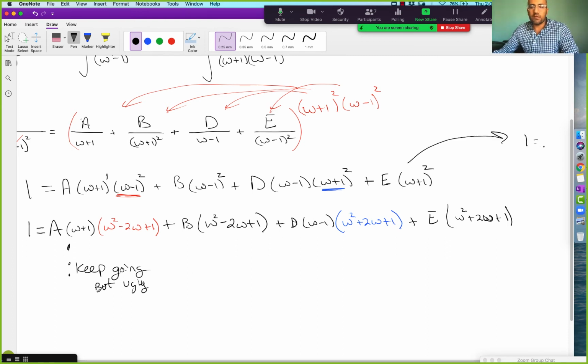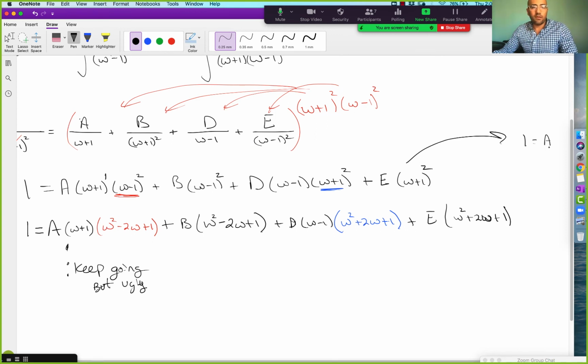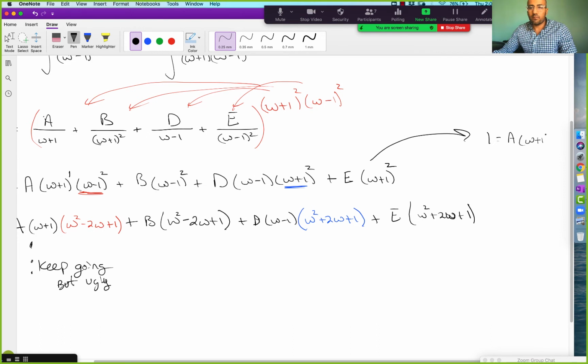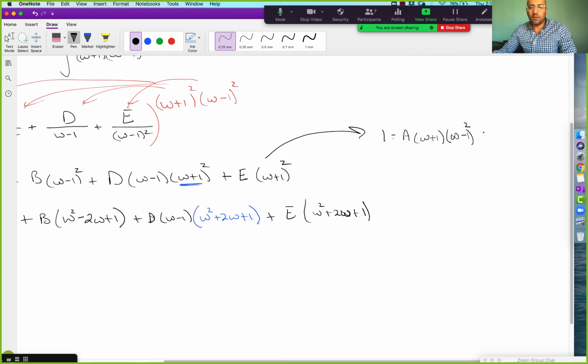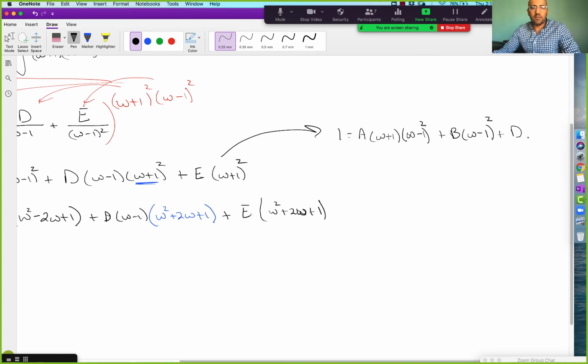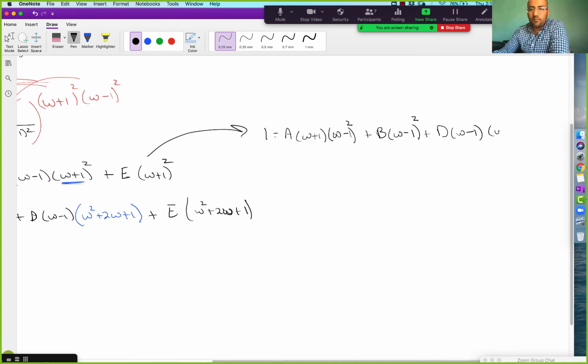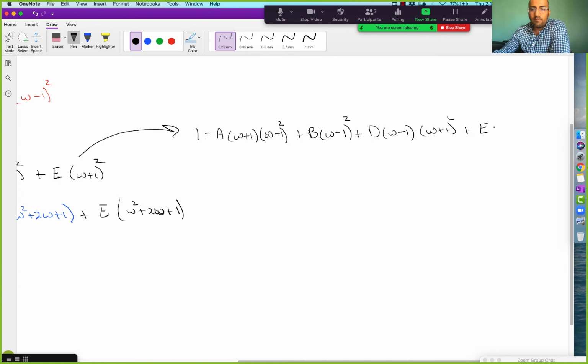Okay, so let's put that over here. I have 1 is equal to capital A times (w plus 1) times (w minus 1) squared, and then plus B times (w minus 1) squared, and then plus D times (w minus 1) times (w plus 1) squared, man, it's ugly, plus E times (w plus 1) squared.